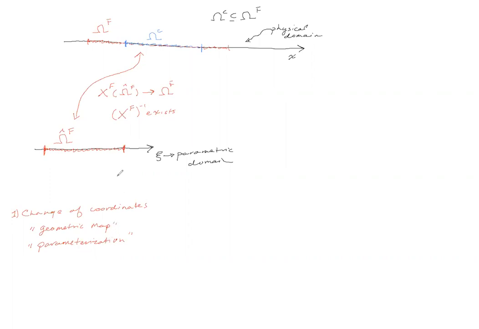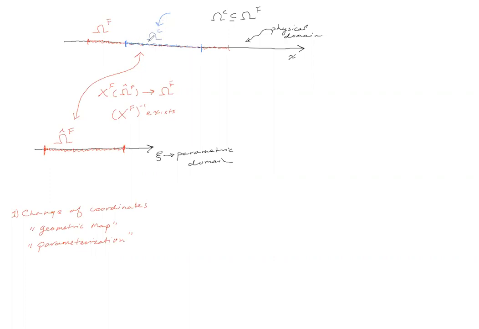All right. Now, let's remember that our problem is actually in omega c. So omega f really is not necessarily where our problem is posed. We're going to glue these two together, but it's important to remember that omega c is some CAD object.